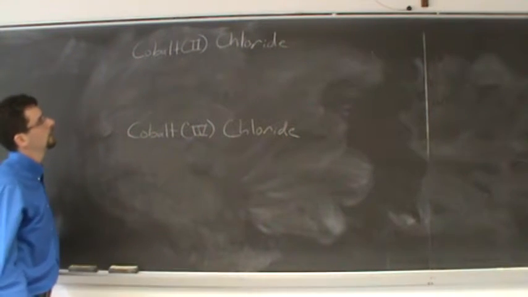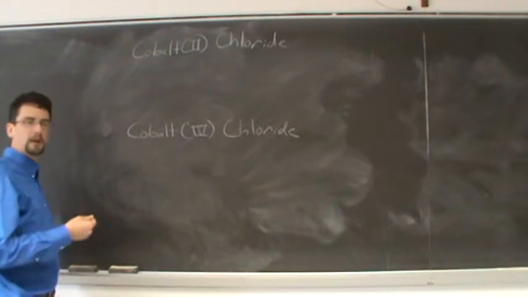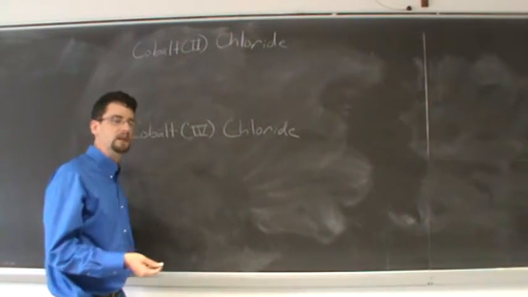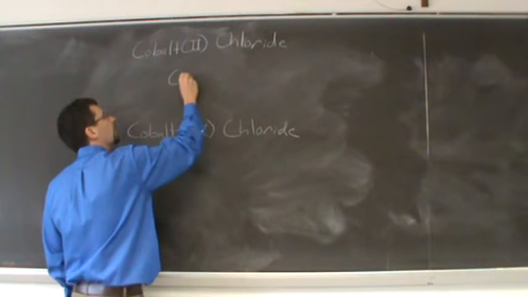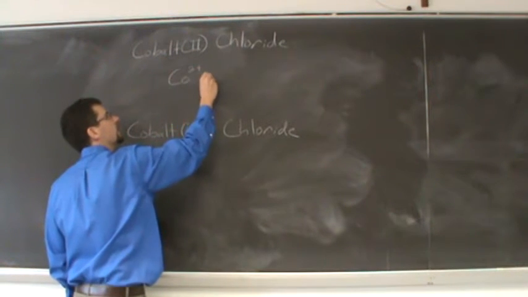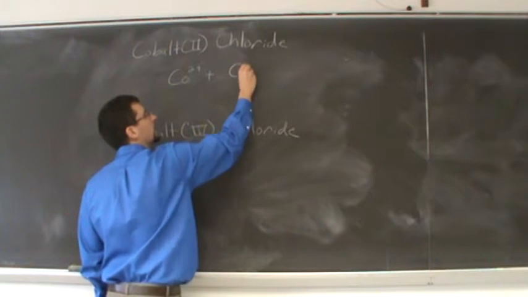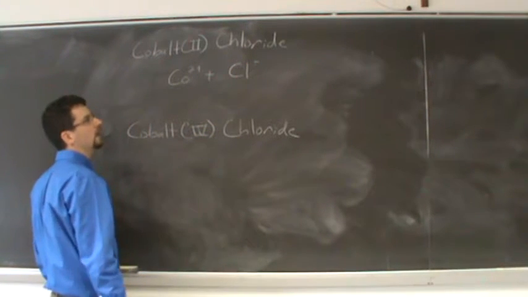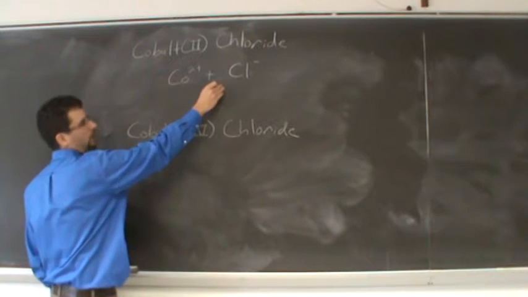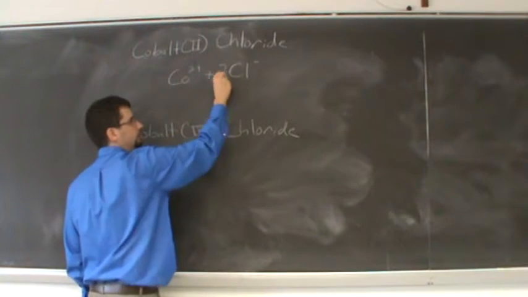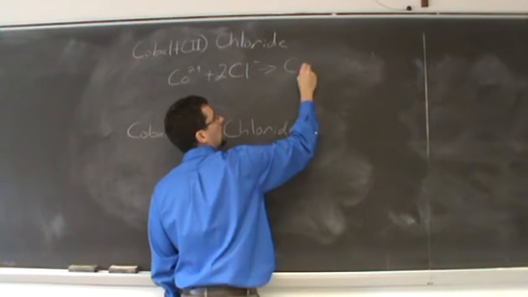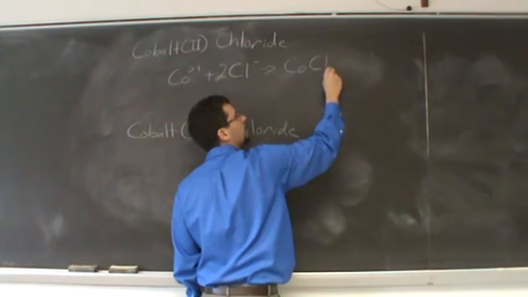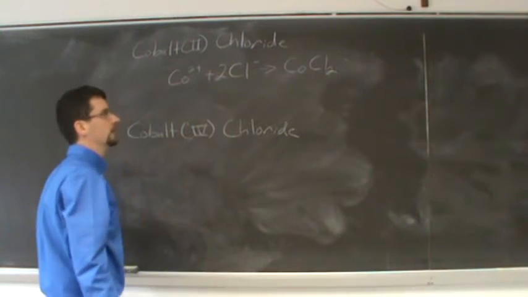So these differ in the charge that the cobalt has and the number of chlorines that you would need to pair out that charge. So cobalt's in a 2+ state. We know that chlorine is going to be in a -1 state. So we need two chlorines to balance out the charge on the cobalt. So the molecular formula for cobalt 2 chloride would be CoCl2.